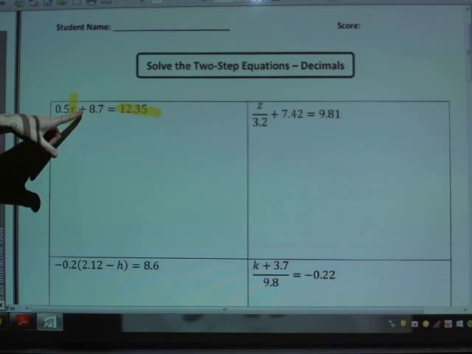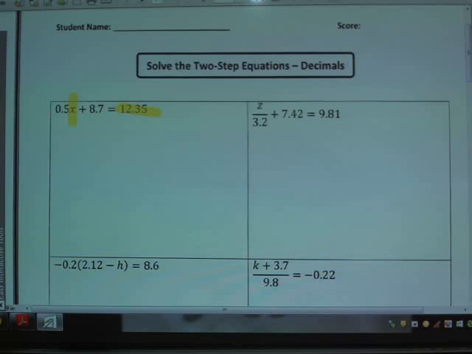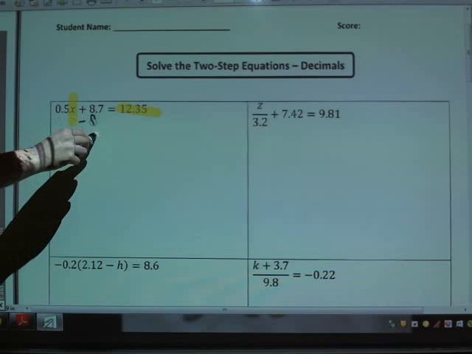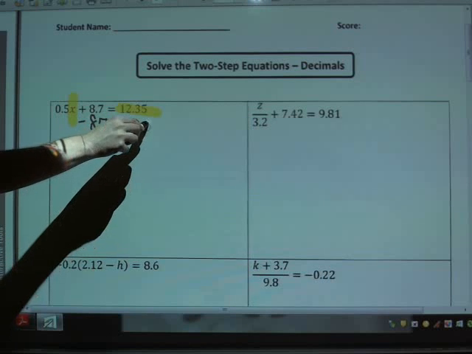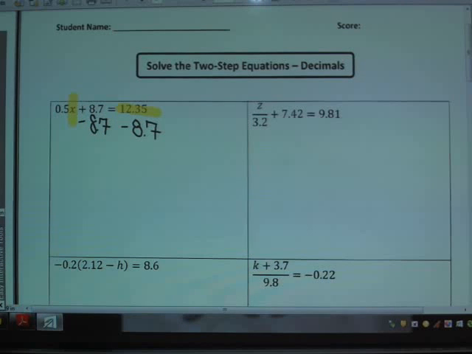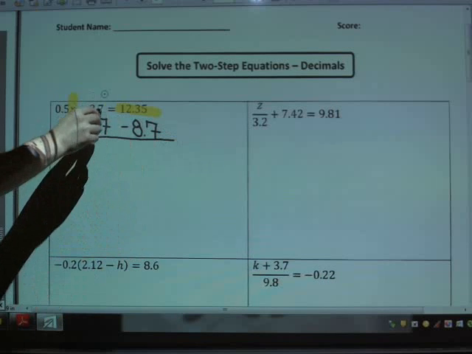And notice 8.7 has a big old addition sign in front of it, so the opposite here is going to be to subtract. So I'm going to subtract 8.7 off both sides. Of course, on the left side there, that's just going to cancel out those two 8.7s, and on the right side, that's going to leave me 3.65.